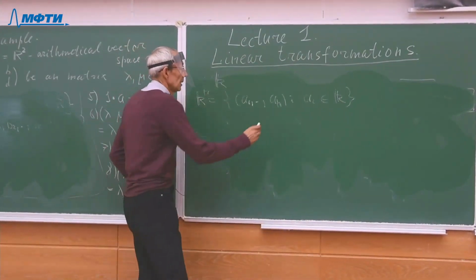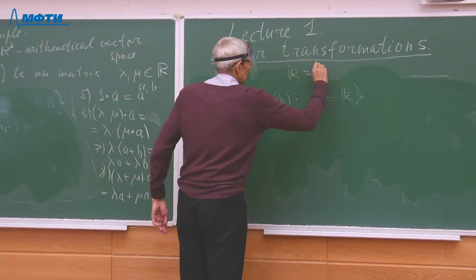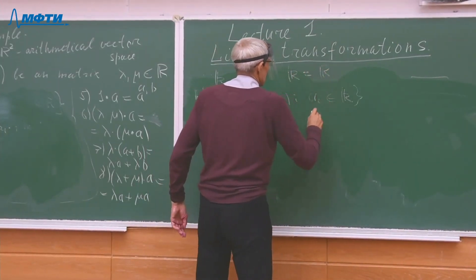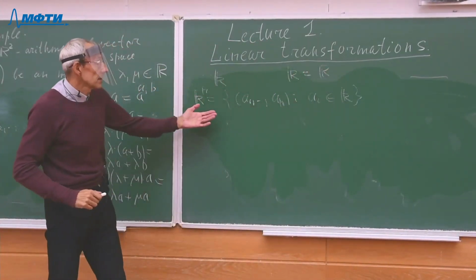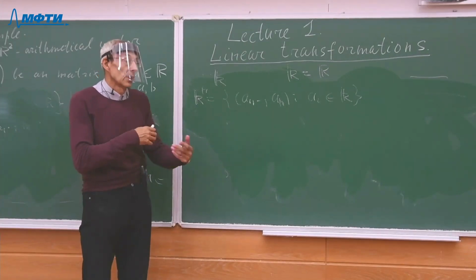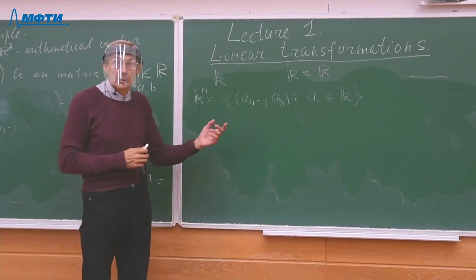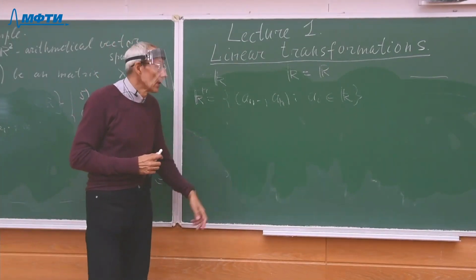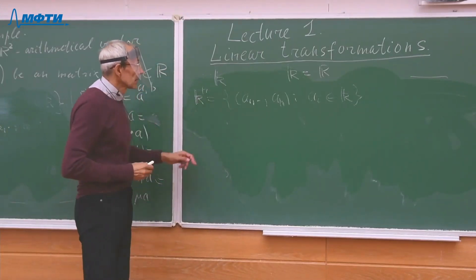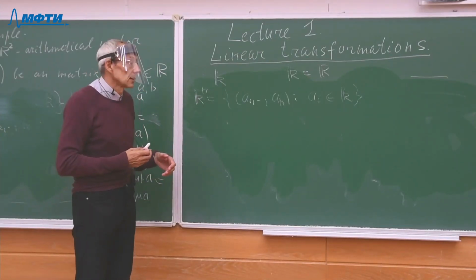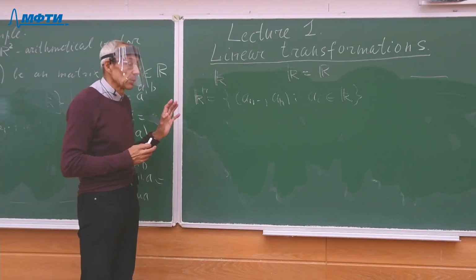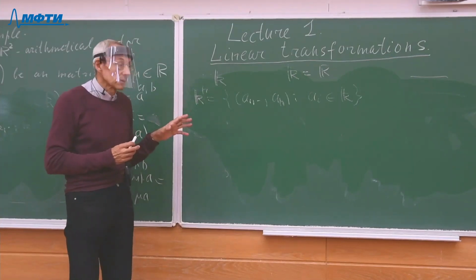If K is the real number field, in this case we have n-tuples of real numbers, and we can define operations of the vector space.